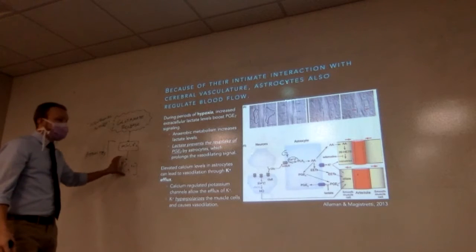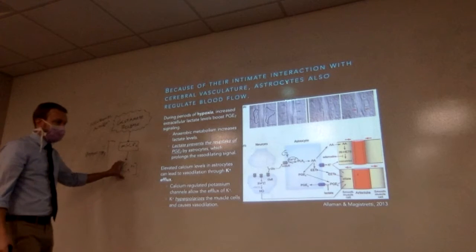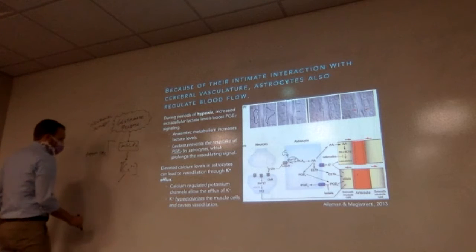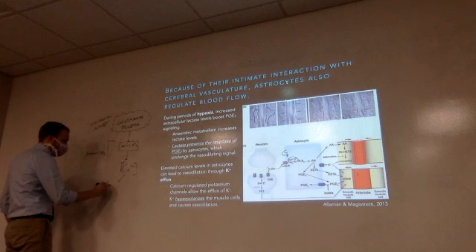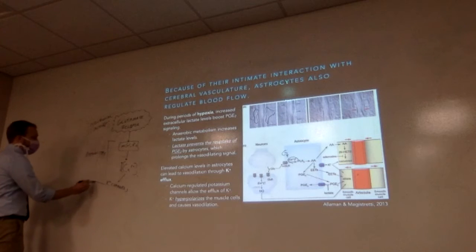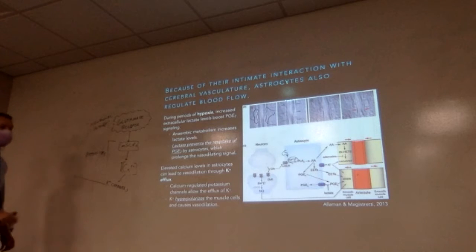This calcium is going to do several things. One of the things that it can do is stimulate potassium channels. So we get potassium efflux out of the astrocyte.